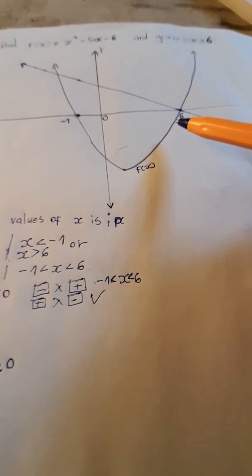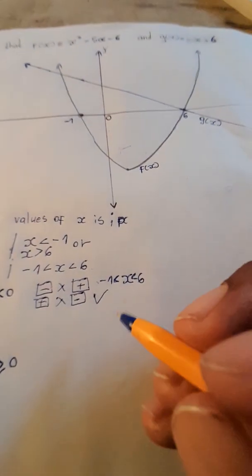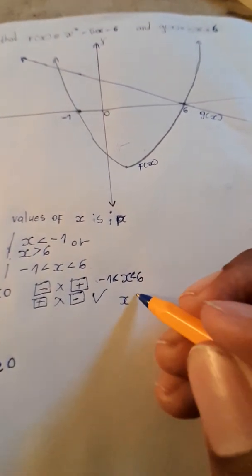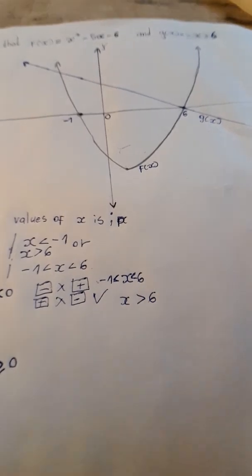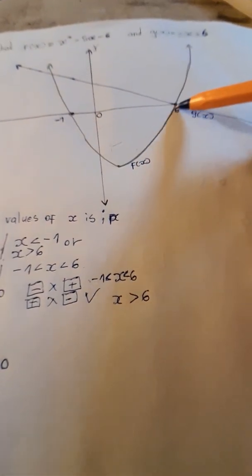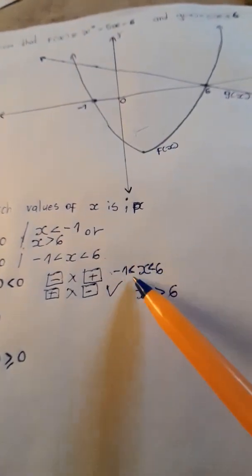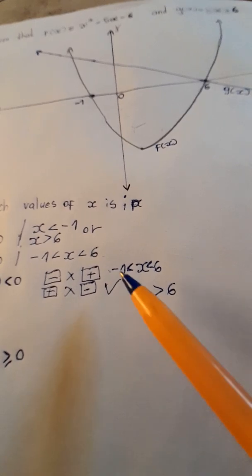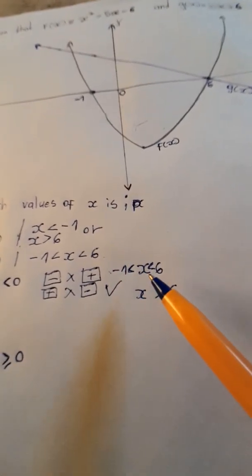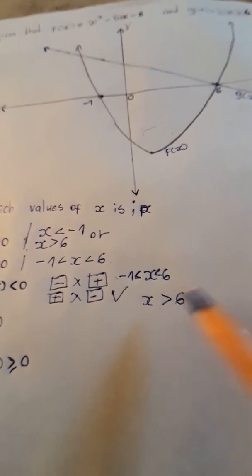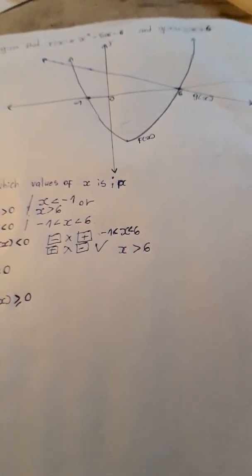And also when x is greater than 6, because when x is greater than 6, this will have positive y values and this will have negative y values. So these are your answers here. You can say x is between -1 and 6, or x is greater than 6. This is actually 3 marks or 2 marks.